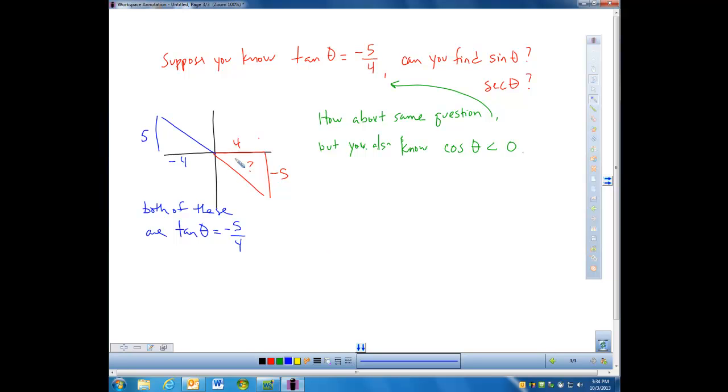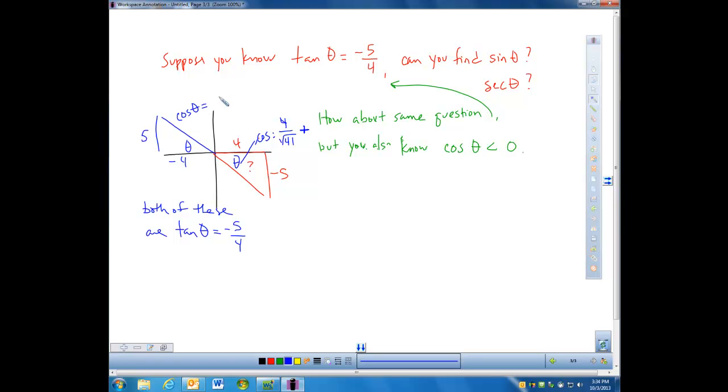So if I think about this, I really don't have to find the hypotenuse in these problems if I don't want to. But just so you can see, in each of these cases I do Pythagorean theorem, and 4 squared plus negative 5 squared gives me 41, and so the square root of 41 is my hypotenuse, and so there's a positive cosine value in the 4th quadrant.